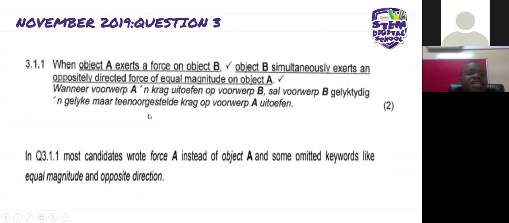Now, simply stated, we know that when object A exerts a force on object B, object B simultaneously exerts an oppositely directed force of equal magnitude on object A. So that is basically Newton's third law of motion. I specifically took this answer from the marking guideline to show you that all the keywords there are important.